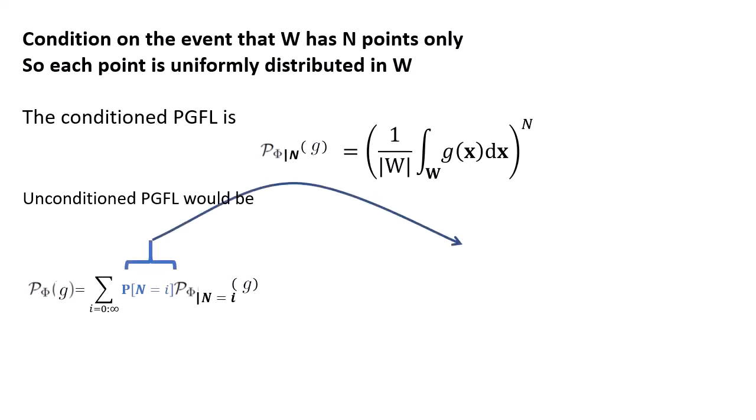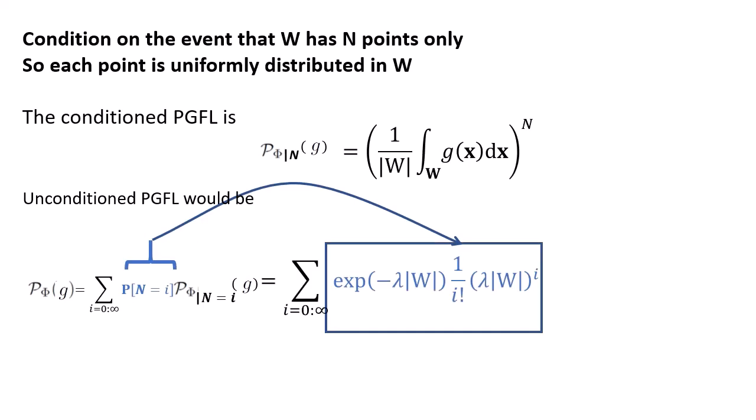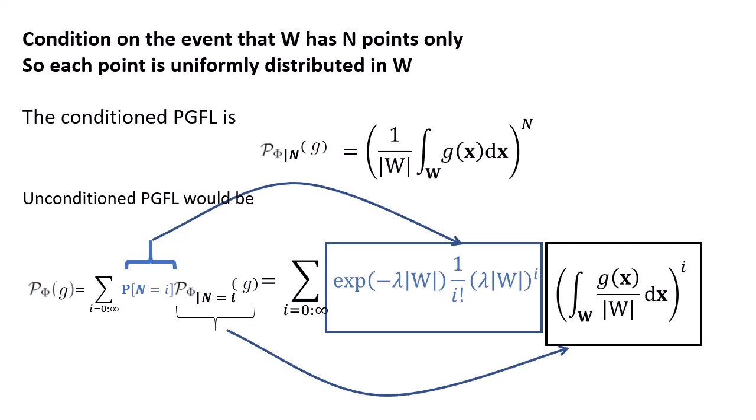So the probability that n equal to i is equal to this value. This is because n is a Poisson random variable with parameter lambda times the size of W. And then this conditional PGFL is given here like this.